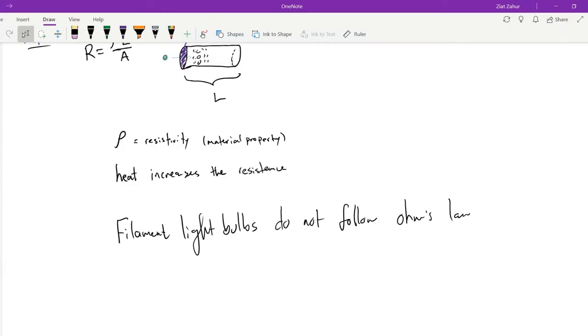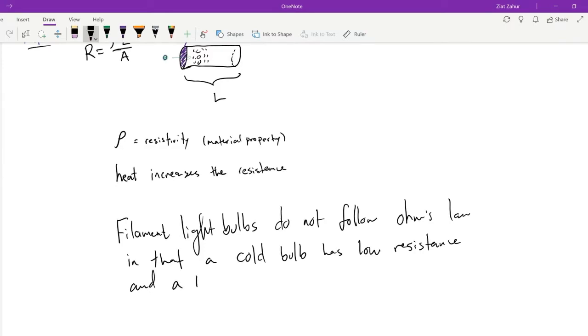And in that, a cold bulb has low resistance and a hot bulb has high resistance.